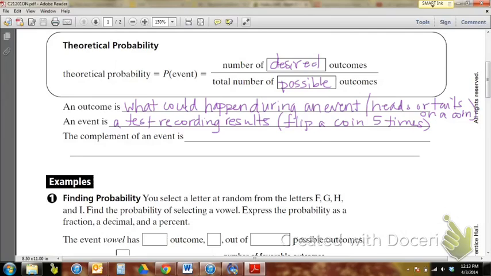The complement of an event is the probability of an event not occurring.